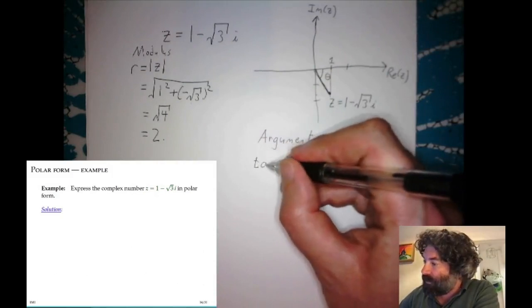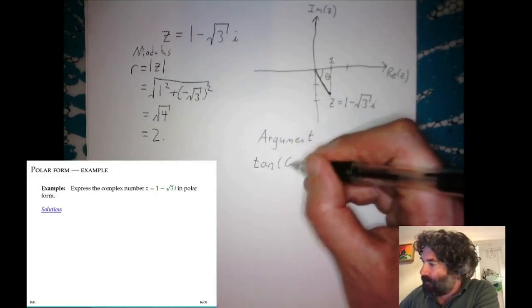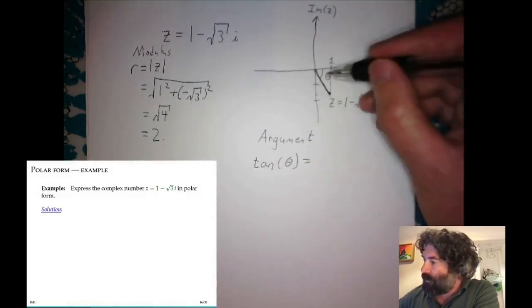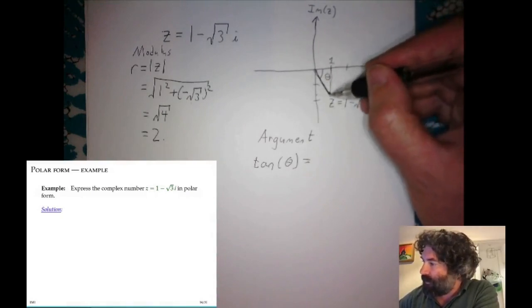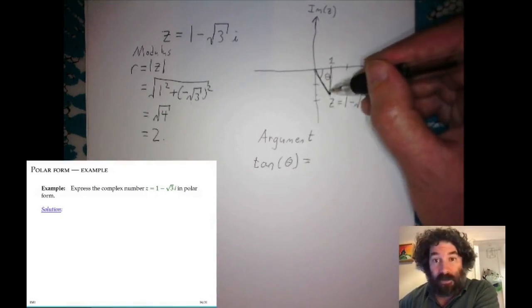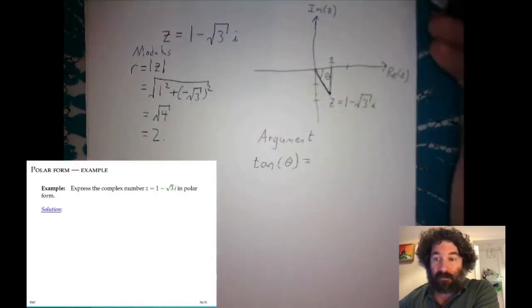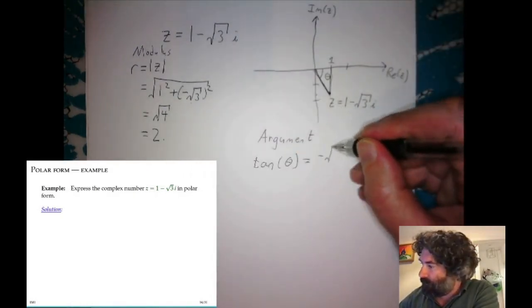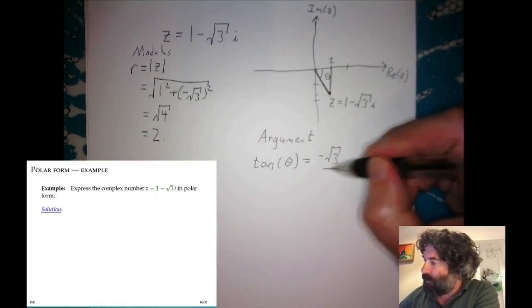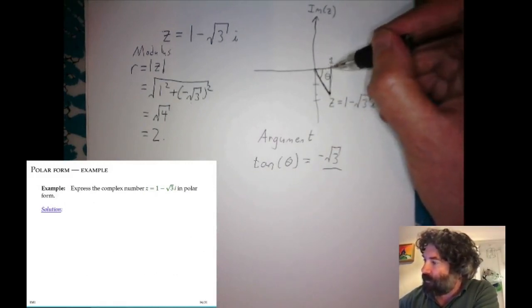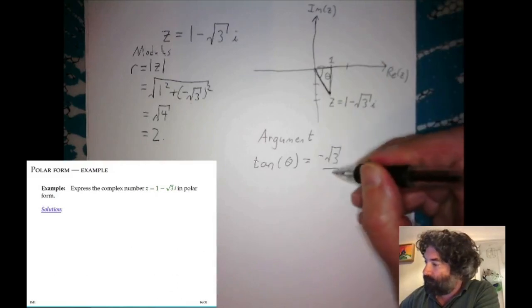The tangent of theta equals, well, the opposite side is this side. That's the imaginary part, negative square root of 3, divided by the adjacent side, which is the real part, which is 1.